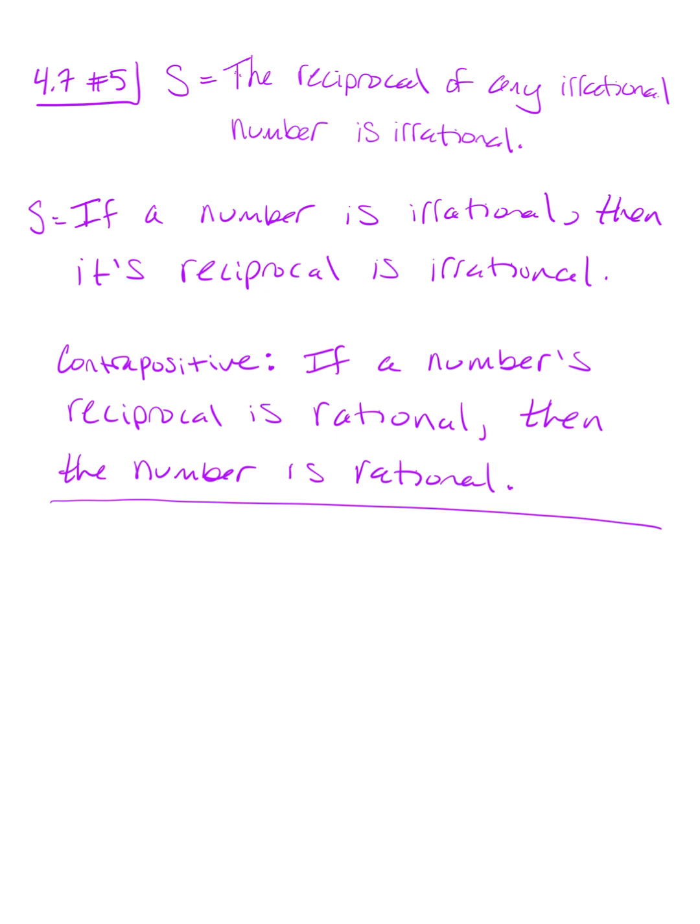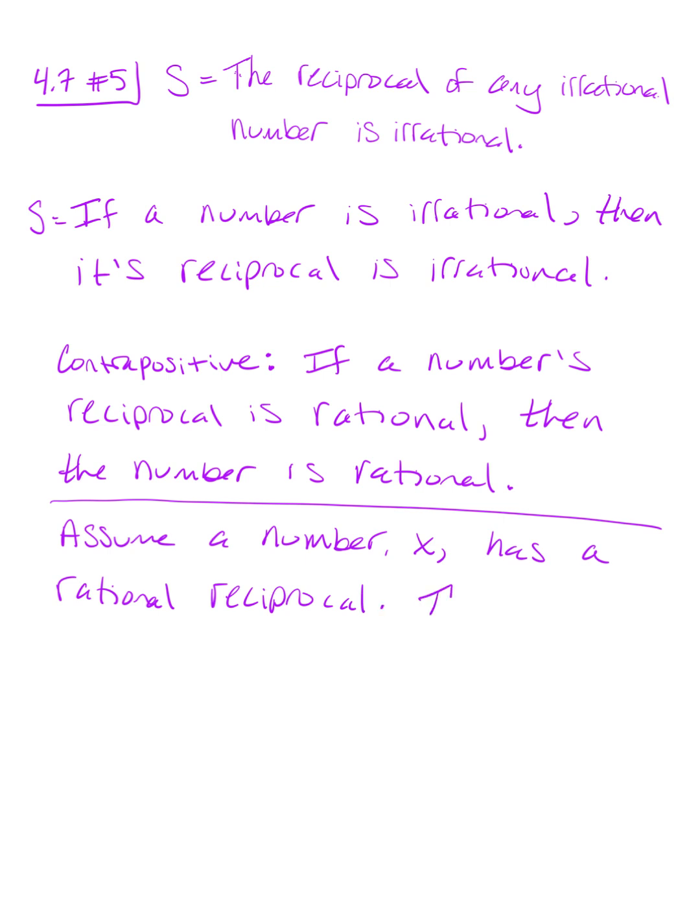So we have if a number's reciprocal is rational. So we're going to assume a number x has a rational reciprocal. That is 1 over x, because that's the reciprocal of x, is rational.